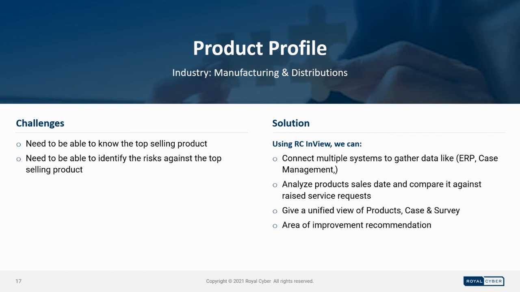Maybe your top notch selling product is also on the top list in number of cases being raised. So when that happens, management doesn't have to wait for a whole lot of customers to complain and then rethink or re-engineer the product. In the initial phase of the product itself, they'll be informed that hey, there's something wrong with this product, we need to have a look. That's basically one of the key features of the product profile.